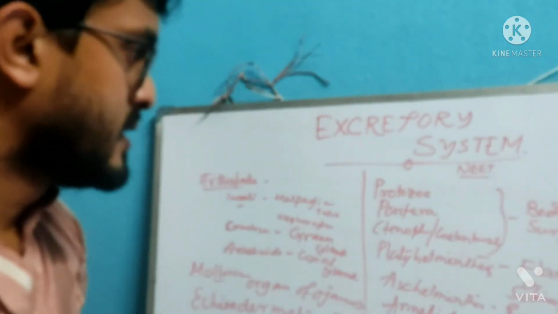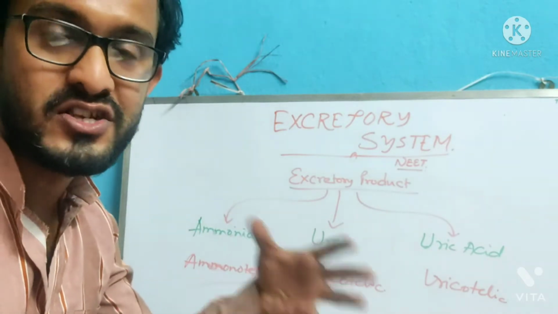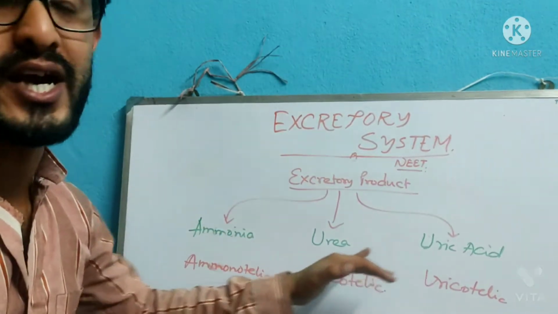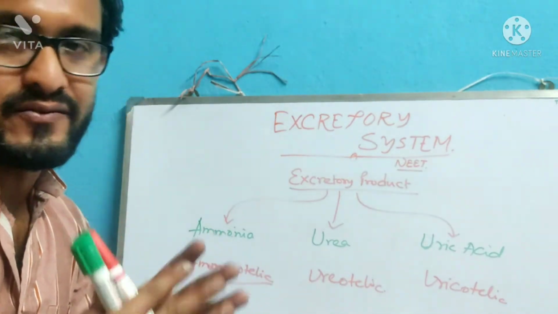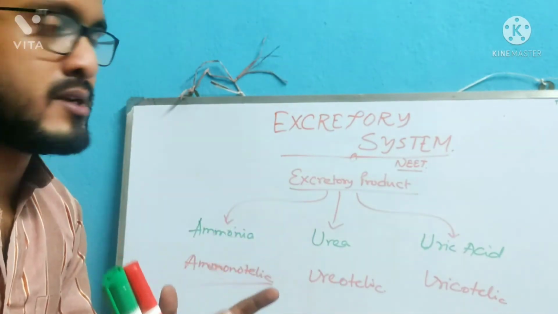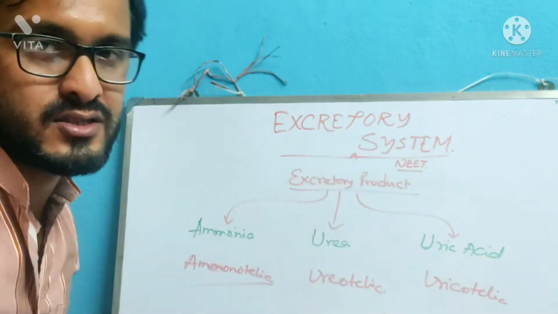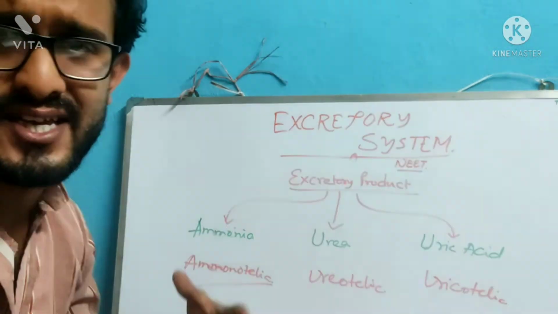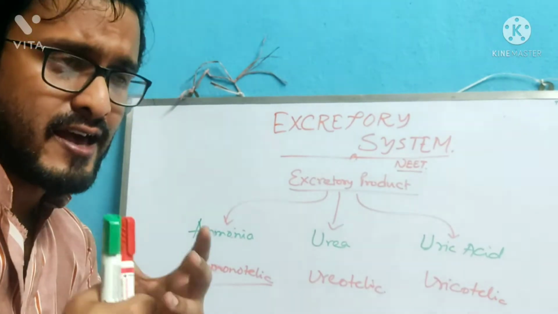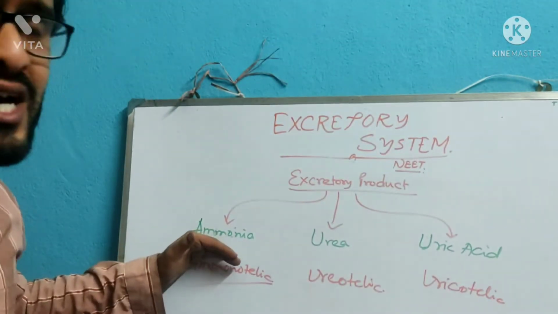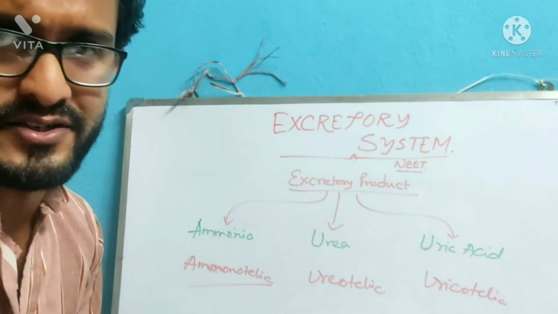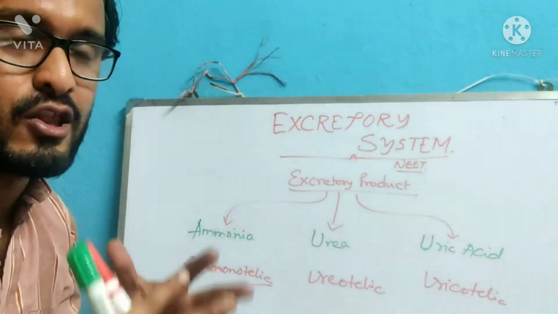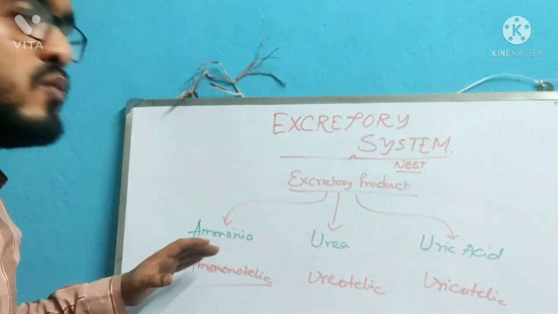Now, of the three main excretory products, that is ammonia, urea and uric acid, we will divide the animals into three different groups. Those that have ammonia as the main excretory product, knowing that ammonia is a very toxic material and needs a lot of water, as it is highly water soluble.